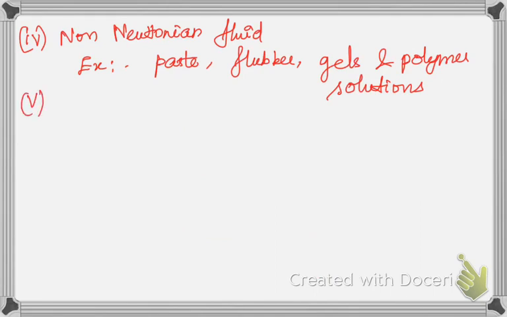And the last type is ideal plastic fluid. The fluid in which shear stress is more than the yield value, and this shear stress is proportional to the rate of shear strain, is called the ideal plastic fluid.